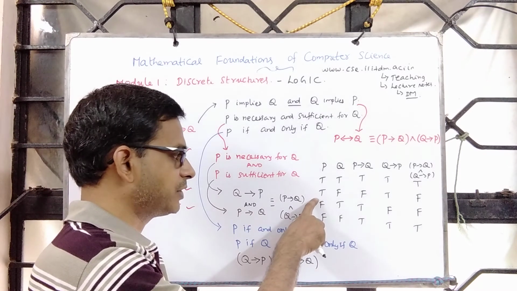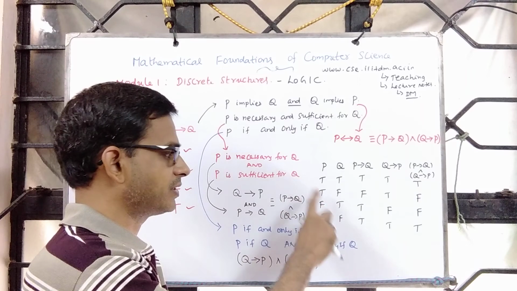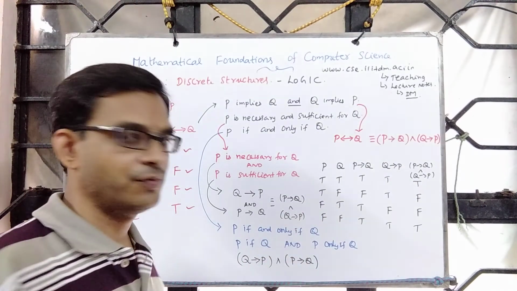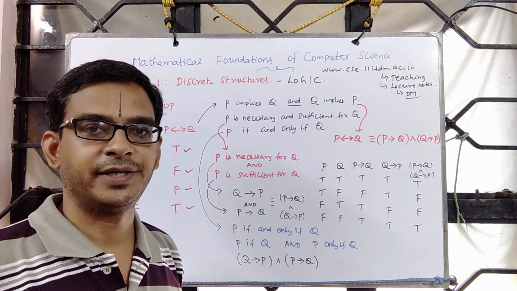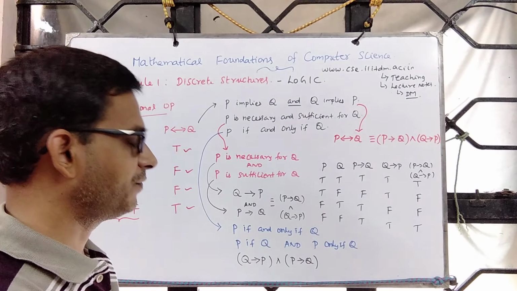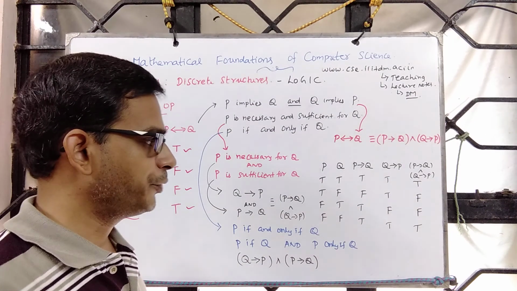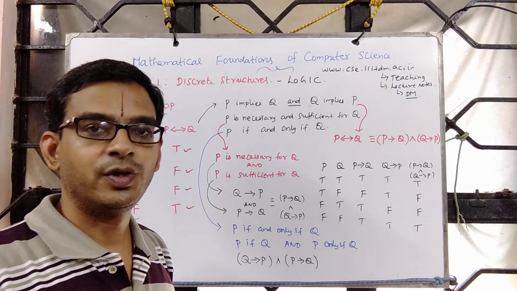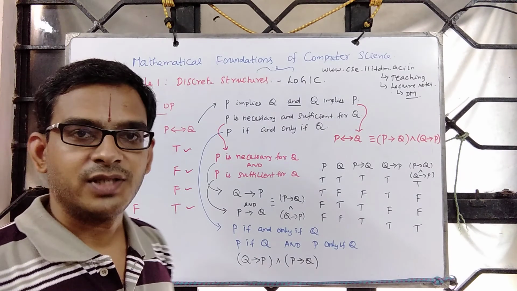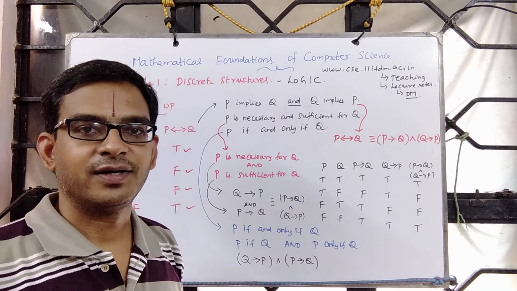But if one of them is true whereas the other one is false, then the statement is not respected, therefore the truth value associated with the statement is false. It is a strict form of conditional operator where you demand not just P implies Q, you also demand Q implies P. More on this, some more examples we shall explore now.